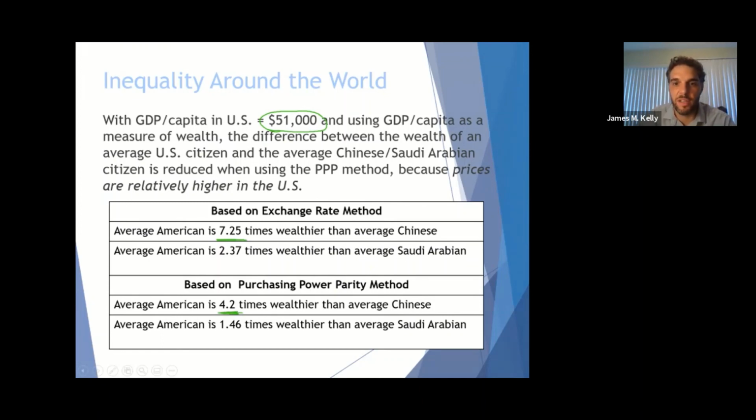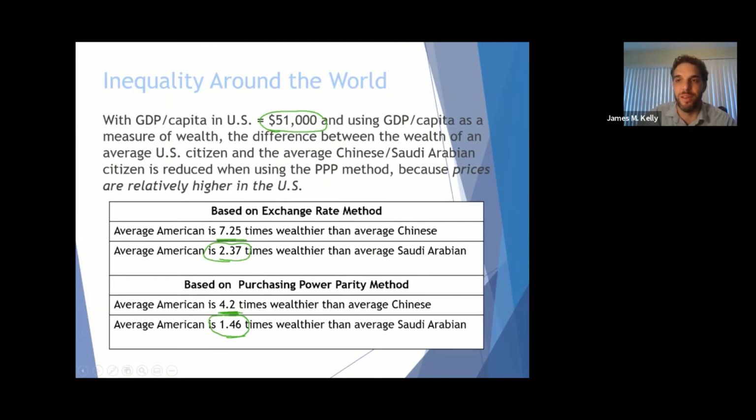Again, that's because the cost of living is relatively higher in the US when compared to China and Saudi Arabia, right? Because we see the same thing in Saudi Arabia, where US citizens are seemingly wealthier using the exchange rate, but once we account for Saudi Arabian prices, we see that US citizens are a little bit less wealthier using the PPP method than using the exchange rate method.